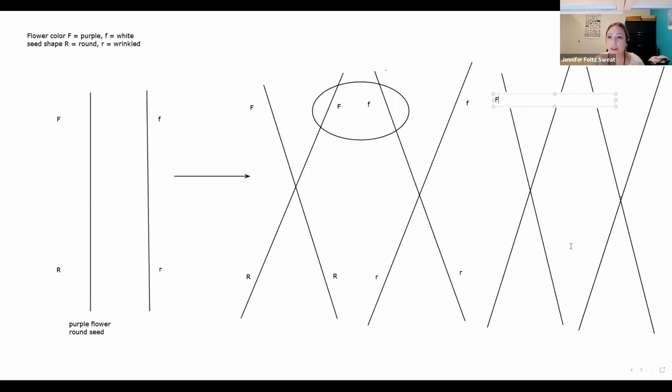But now, instead of a capital F on that sister chromatid, I have a lowercase f. Here I have a capital R and a capital R. Now over on my other set, I have a capital F now because those two alleles swapped places. And I have a lowercase r on the bottom because it did not switch places.